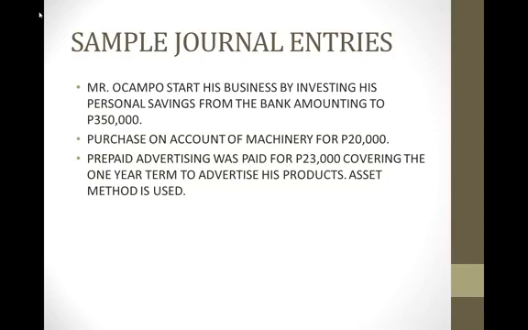Now, third bullet, deferred expenses. Example transaction: prepaid advertising was paid for 23,000, covering the 1-year term to advertise his products. Asset method is used when adjustment occurs.